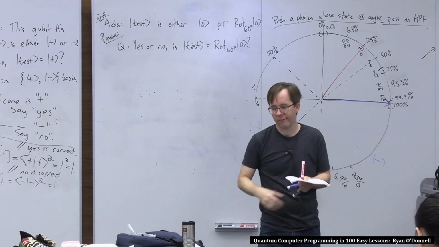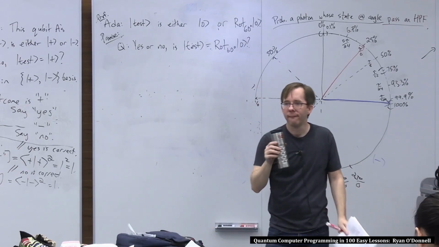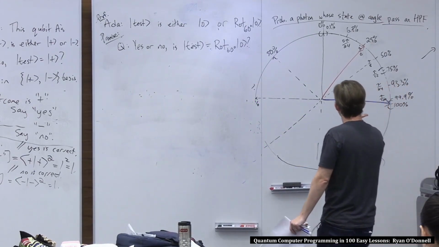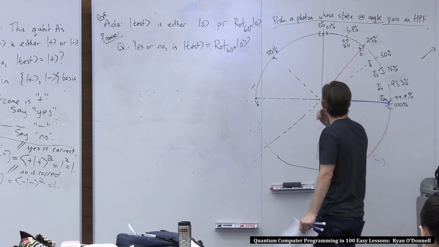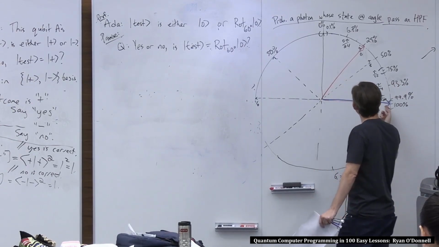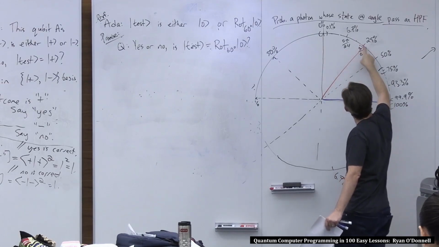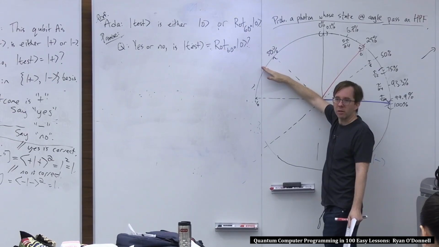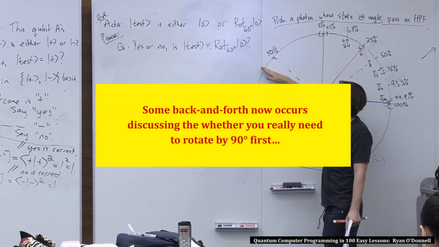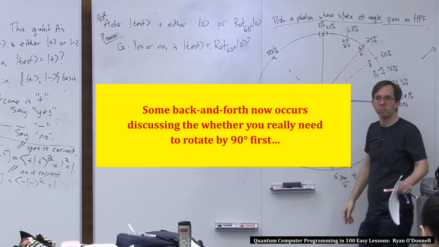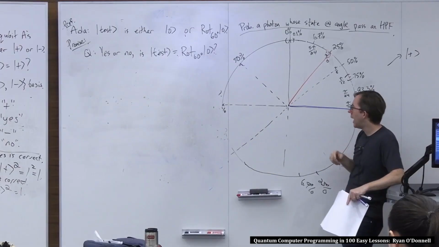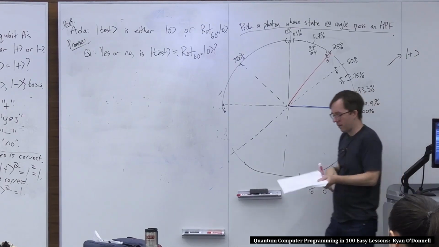So what are you going to do? Any suggestions? Good. You want to rotate the state 90 degrees. Then if it were 0, it would become 1. And if it were the 60-degree thing, then it would become like over here. And then you want to extract. Yeah, that's what I was thinking.